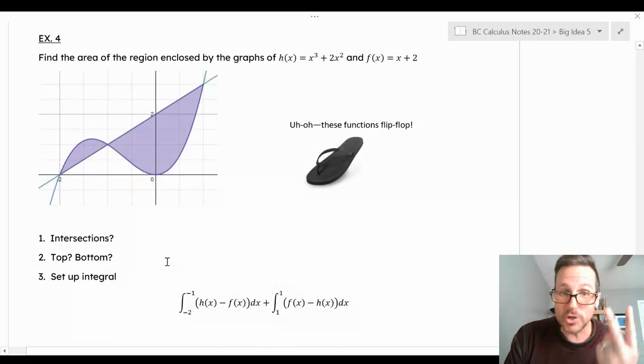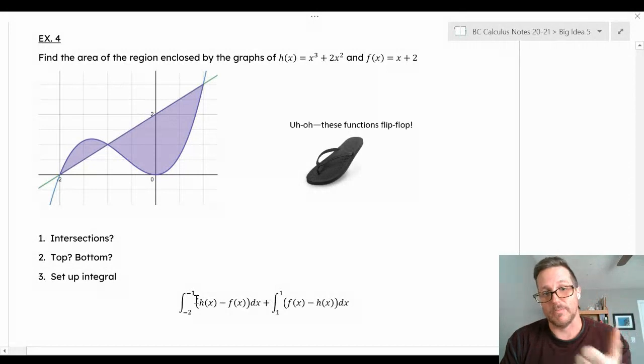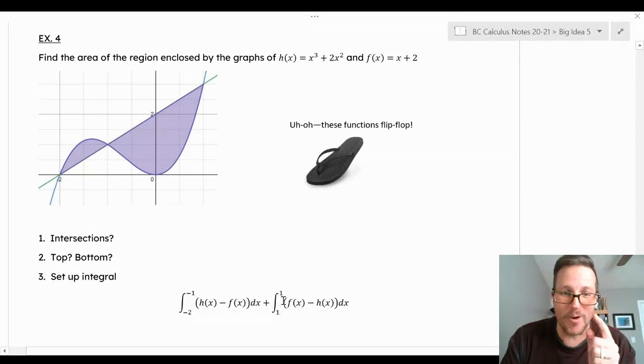So I'm going to set up two separate integrals to make sure that I account for that flippy floppiness. So there you go. -2 to -1. I wanted to do h minus f because that was cubic minus linear. But then on -1 to 1, sorry about that, -1 to 1, I want to do f minus h.